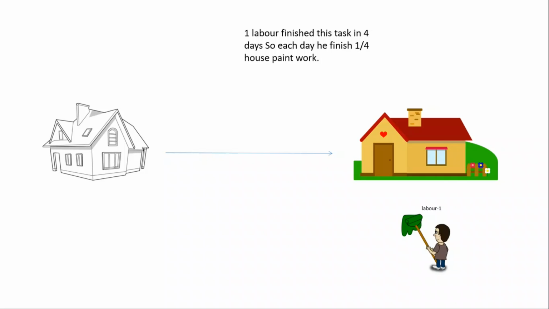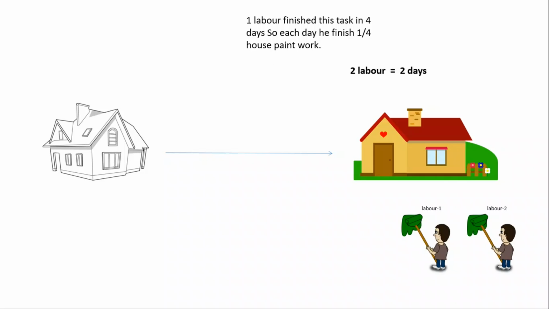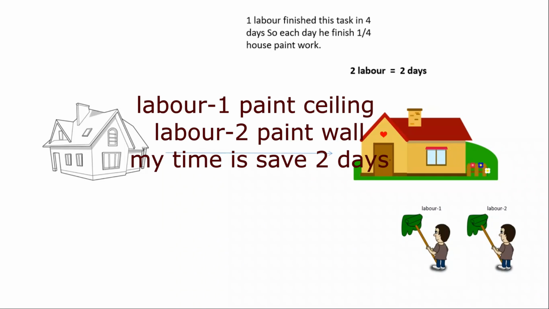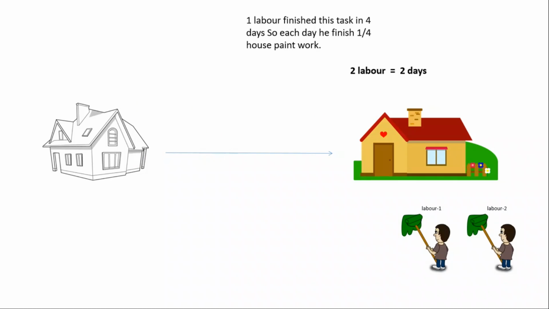So each day he finished around 25% of the house painting work. Now let us suppose I hire two labor here. In this scenario, the house painting work is done in only 2 days. So my time is saved now. There are lots of examples you can find in the real world. And for now, let's go forward.